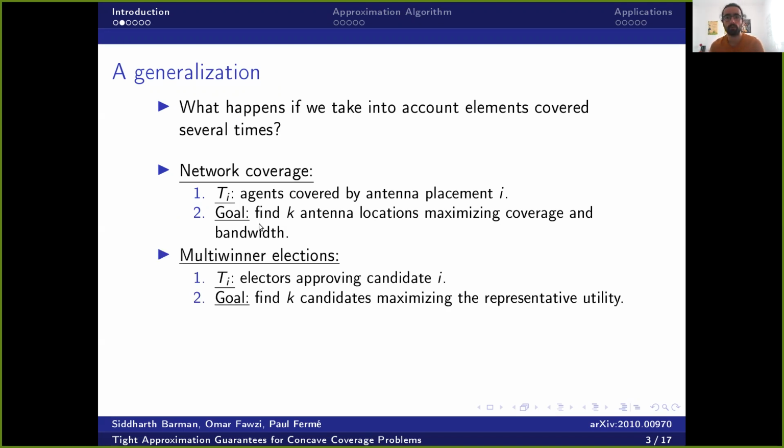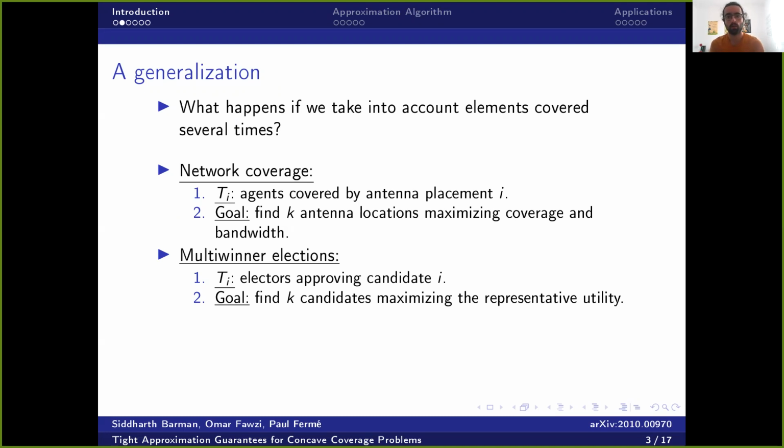Also, you can think of a democracy motivation, which is multi-winner elections. So here, the context is quite different. Each cover set corresponds to a candidate, and the elements covered are the people who have voted for this candidate.